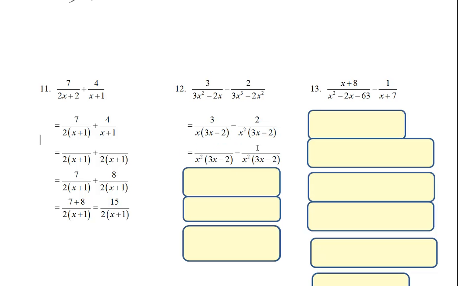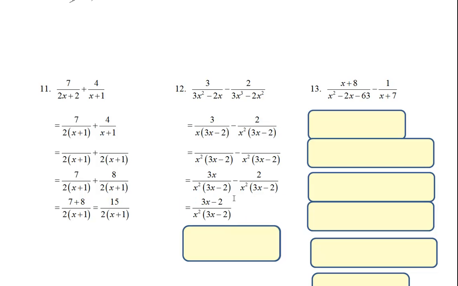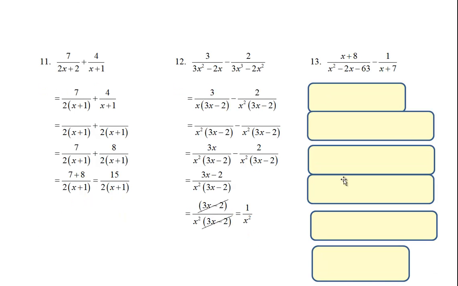So I'm going to have a 2 here. This one I need to multiply top and bottom by x. I'm going to have a 3x there. Common denominator I have, get the numerators together. But watch it. Do you see this one and this? They're the same. So I can cancel them. So I just end up with 1 over x squared.